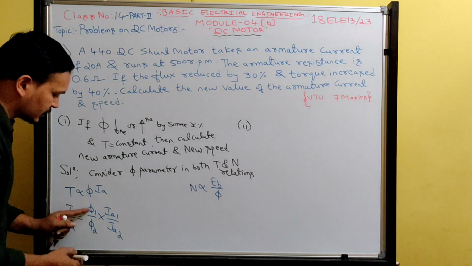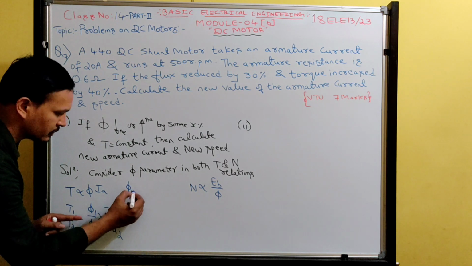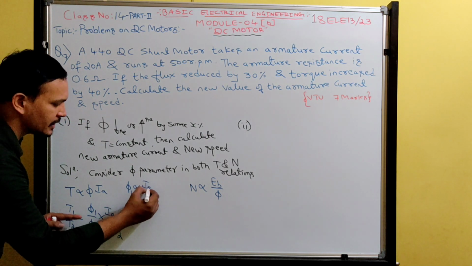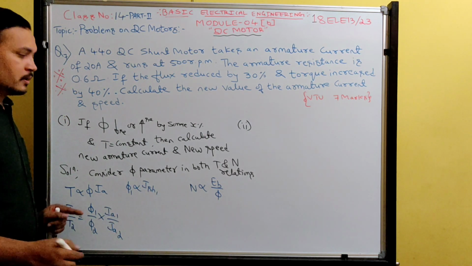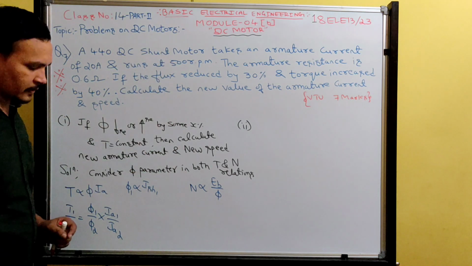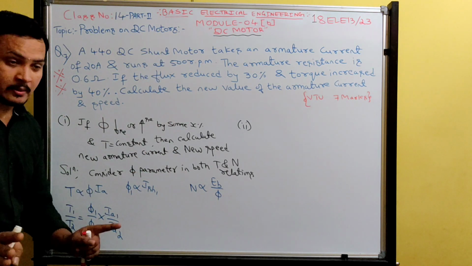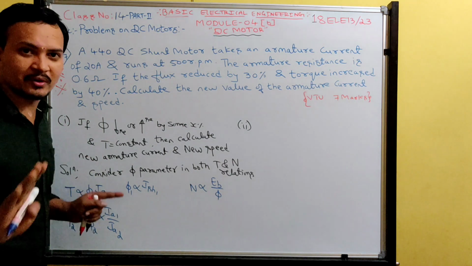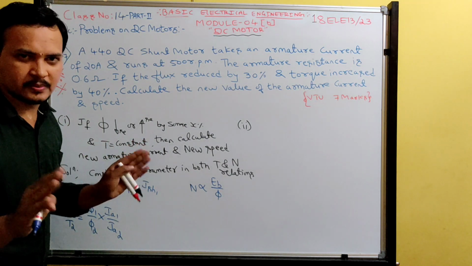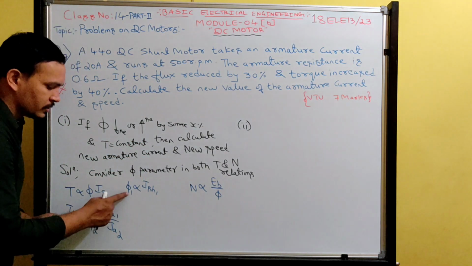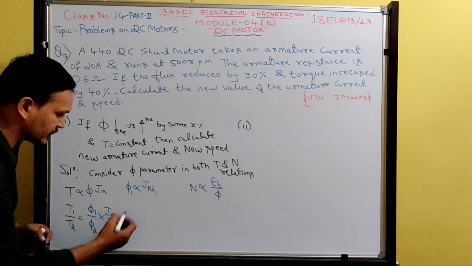Sometimes this phi 1, we can also write as shunt field current, because we are discussing shunt motor. Whatever concept I am explaining is applicable only for shunt motor. Series motor, no concepts, directly you can do it. So phi 1 is proportional to Ish1.